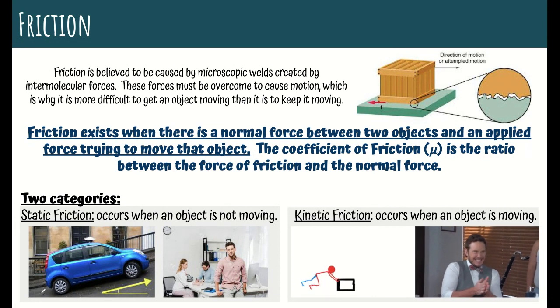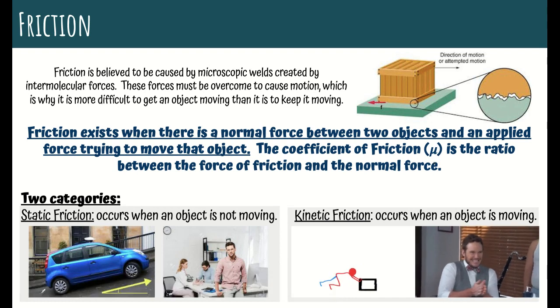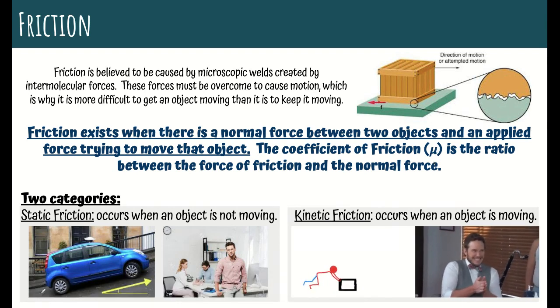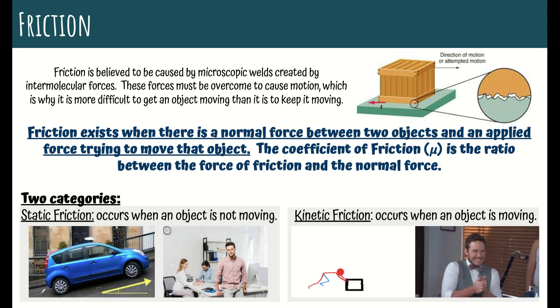The coefficient of friction is a mu. If you look here in the center, this little symbol is called a mu, yes, like the Pokemon. That's the ratio between the force of friction and the normal force. You guys calculated that in your lab last class. You had the force of friction that you either calculated using the mass and acceleration or that you got from the graph from the first section of that.